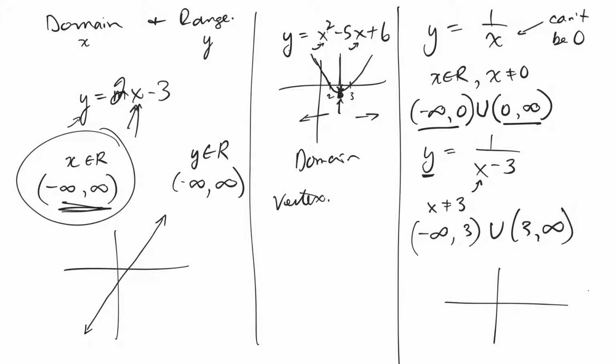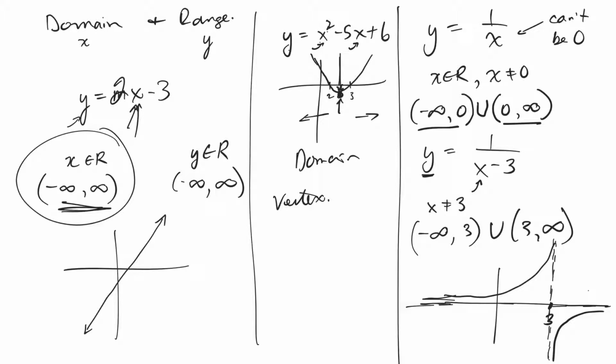I want to say it looks like this, and like that. Something like that, where this value right here is 3. And then this is an asymptote. It comes close to the x-axis, but never touches it. And so x can't be 3, and y can't be 0.